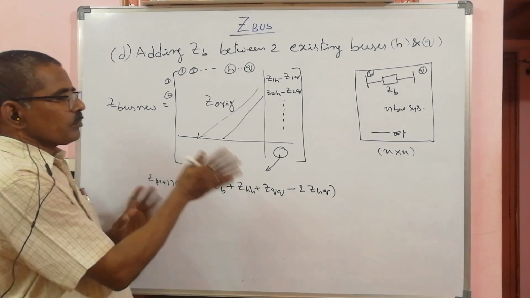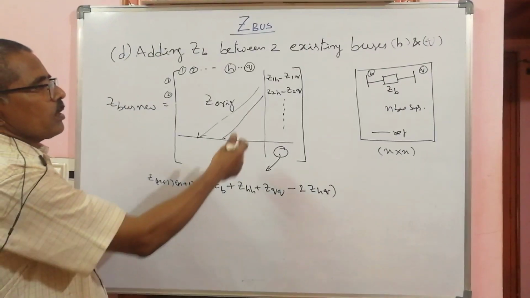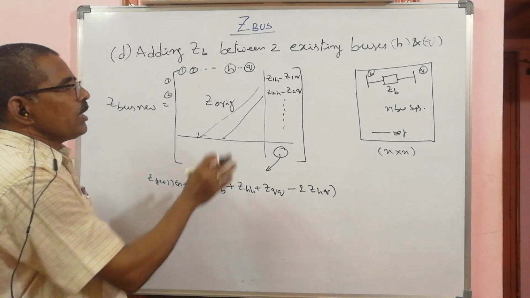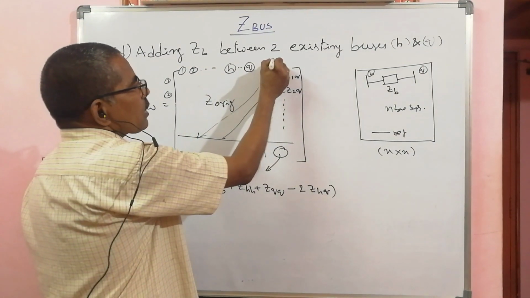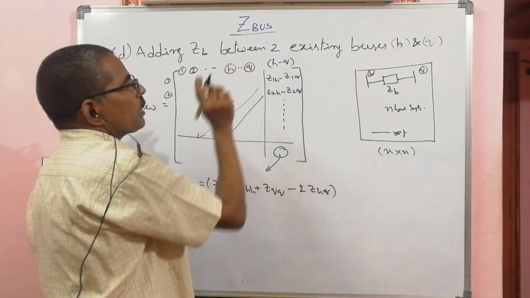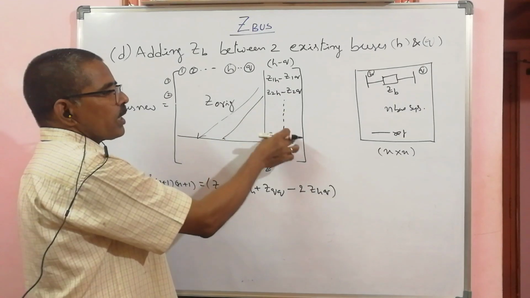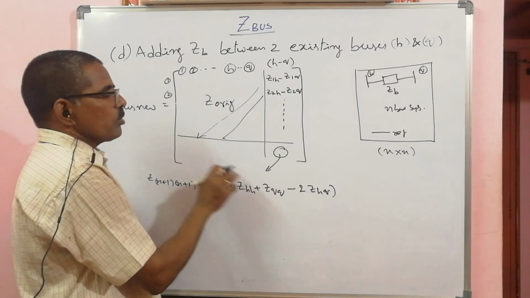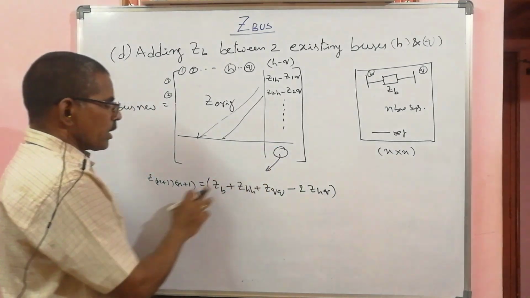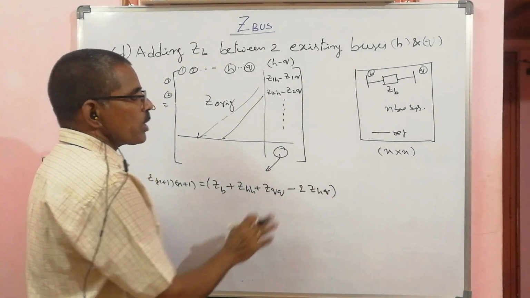And the remaining is as usual: you are adding a column and a row temporarily, and you write these values which are H minus Q. What you are doing is writing the H column minus the Q column here. So H minus Q, this is also the same, H minus Q, and this diagonal entry is Zb plus ZHH plus ZQQ minus 2ZHQ.